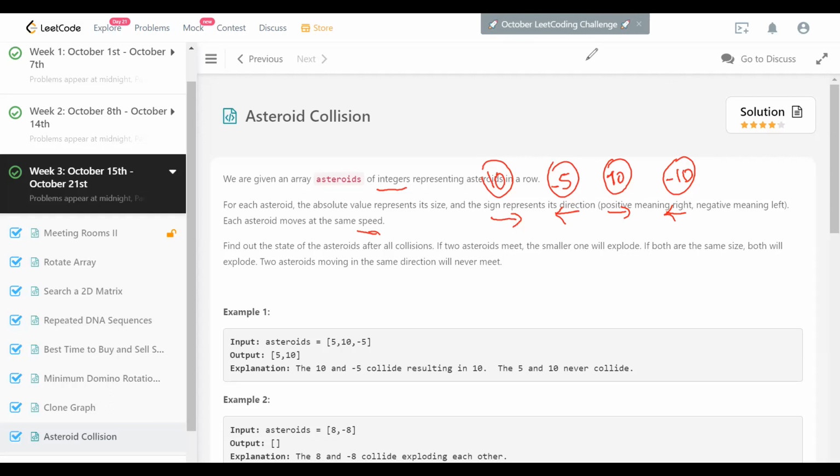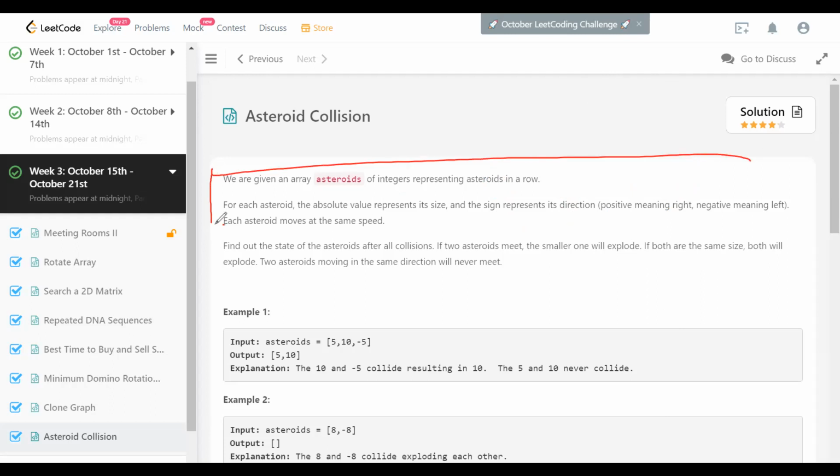So here is my approach to solving this. We have a row of asteroids, and eventually I'm going to partition this array at some stage into three parts. One part is from 0 to i. Another one is from i plus 1 to j minus 1, and we have j here, and the last one goes to n minus 1.